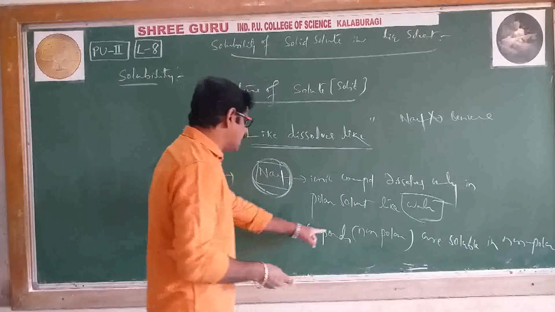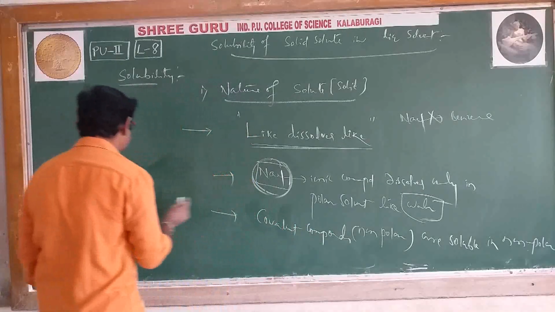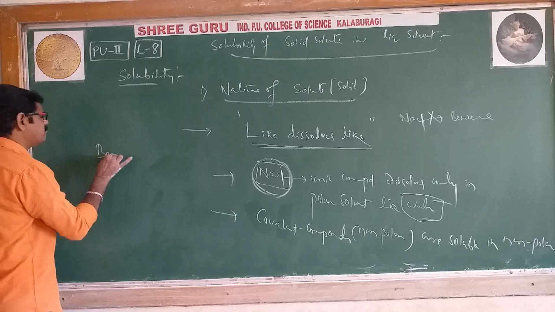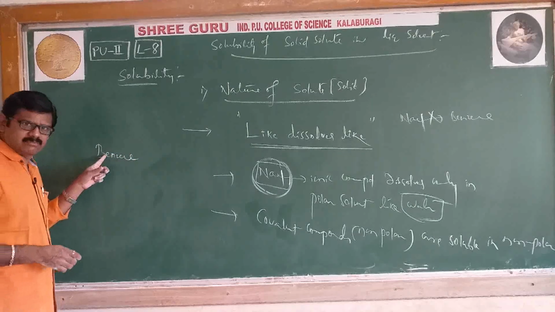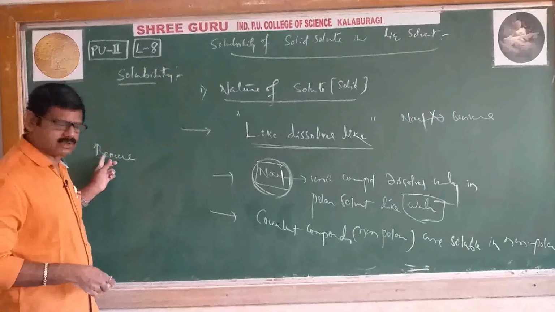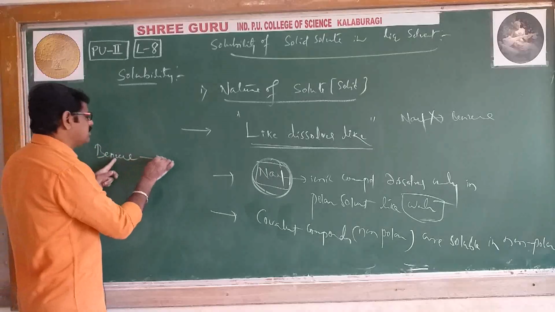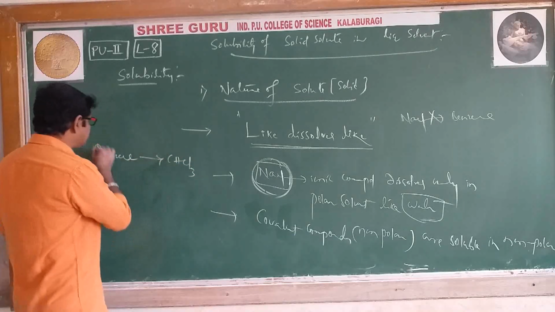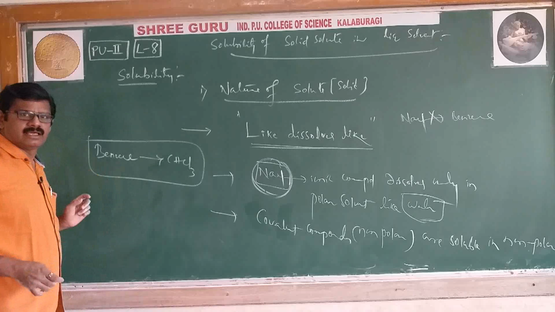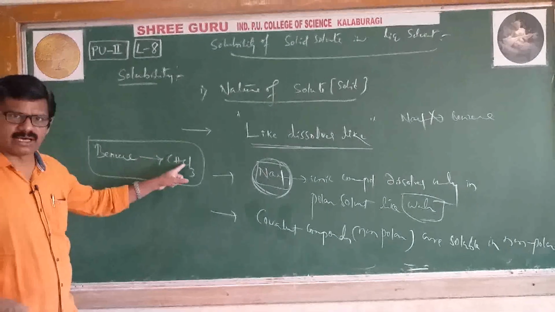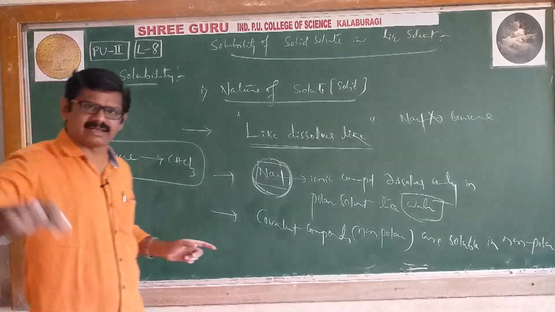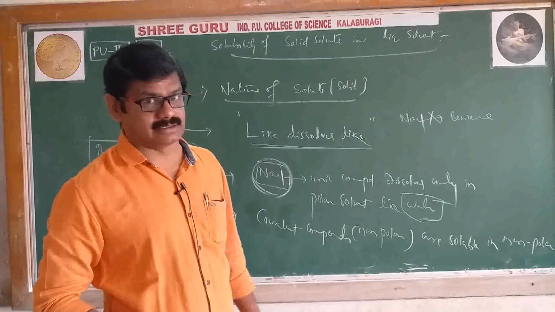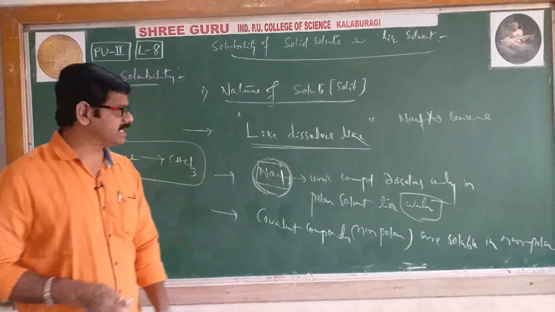Example I'll give you. Benzene is a non-polar compound, nothing but a covalent compound. Then this benzene is soluble in chloroform, remember. It is non-polar. Benzene is never soluble in water. This is very important. I'll repeat.